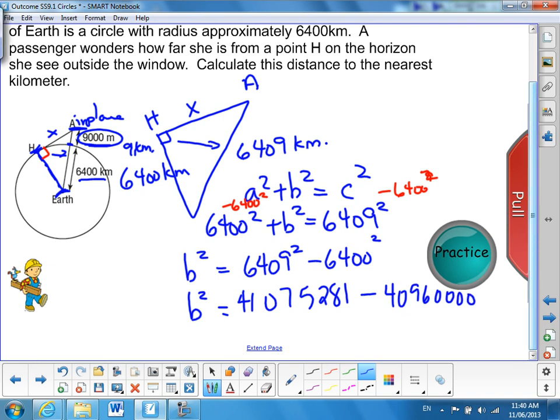We have to subtract those, which should be 115,281. And hopefully I've done the math right.